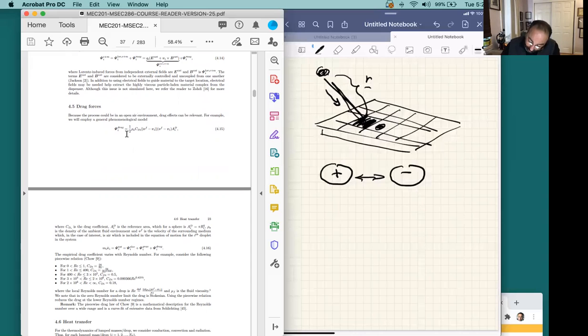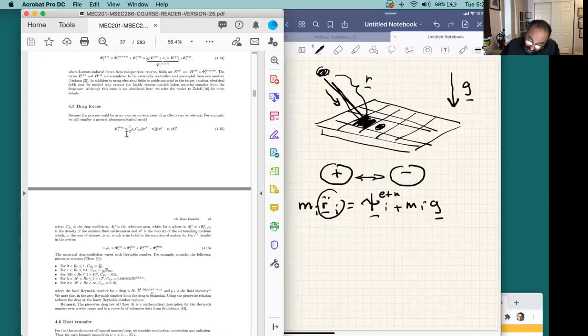So keep in mind what we have so far is m r double dot, where m is the mass of the object. The position vector is given by r. We've isolated the electromagnetic forces. Those are in fact due to the pixels being charged onto the surface. We have the gravitational force, which I don't think needs any kind of introduction. That's just simply a dead load that is pointing in the direction of gravity.